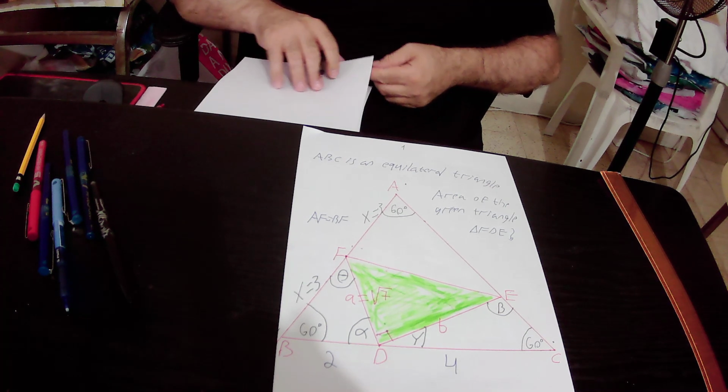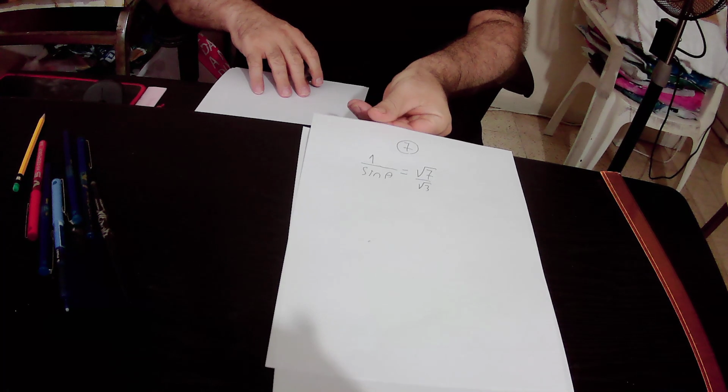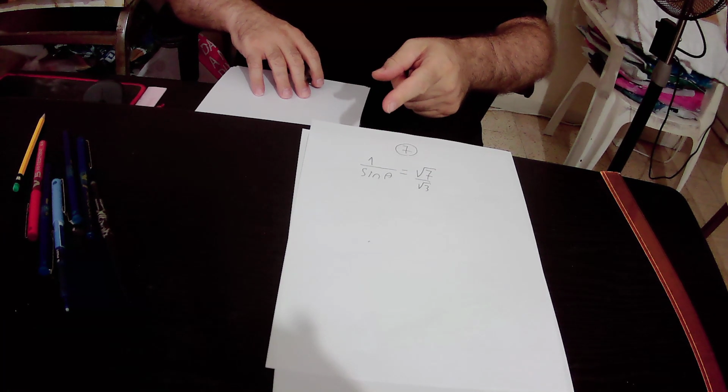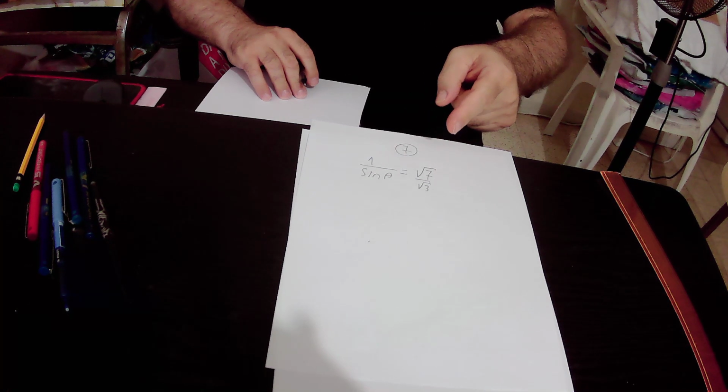So after we cancel 2, what is left is 1 over sinus theta equals the root of 7 over root 3.